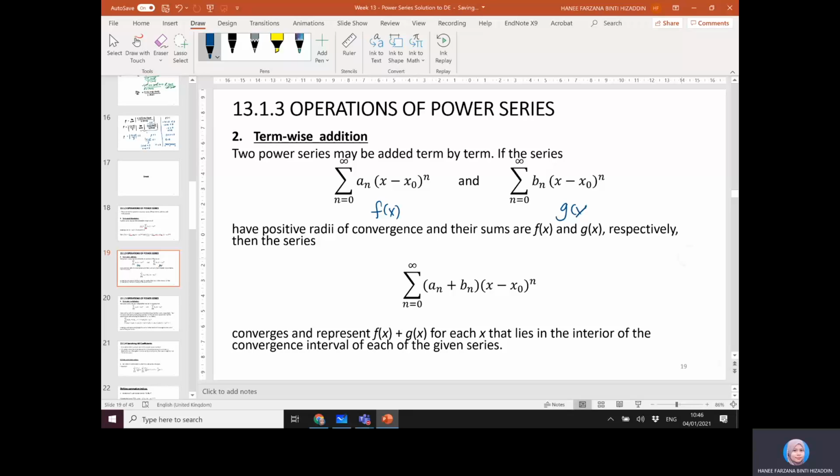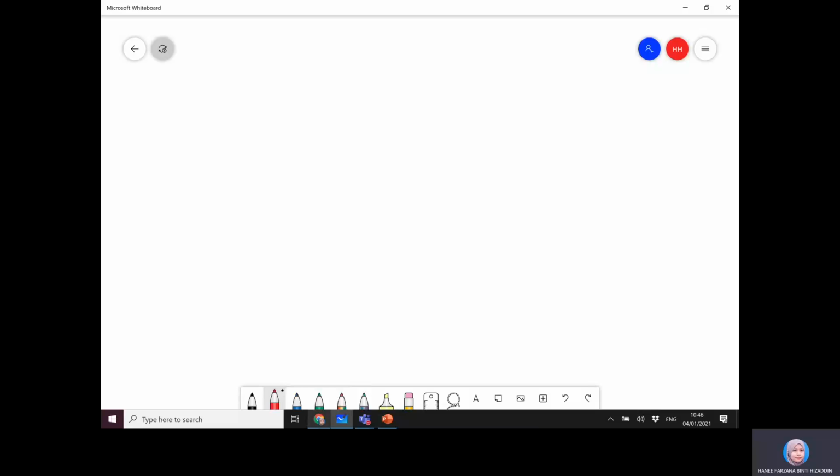If you want, you can also convince yourself and try to expand those terms. The first series is the sum from n equals 0 to infinity of a sub n times (x minus x naught) to the power of n, plus the sum from n equals 0 of b sub n times (x minus x naught) to the power of n.